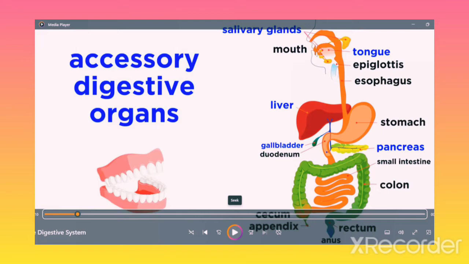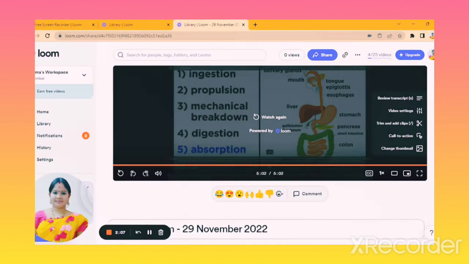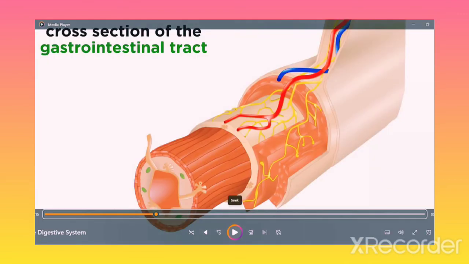So, next we shall be discussing the basic structure or the anatomy of the digestive tract. The cross section of the gastrointestinal tract helps us to study the basic structure of the alimentary canal.